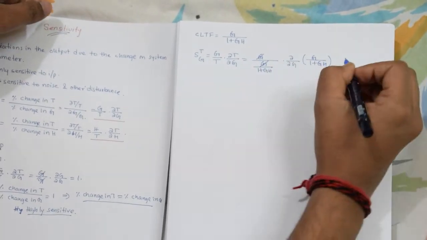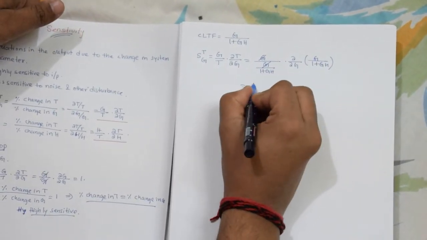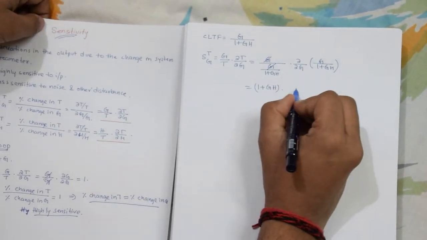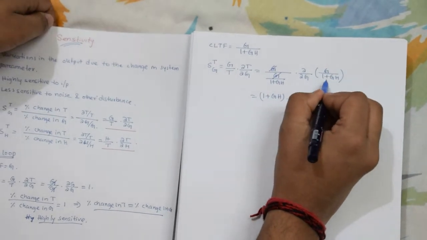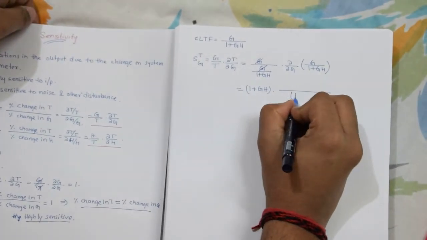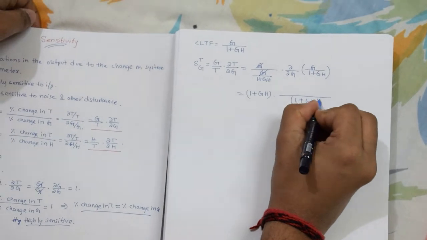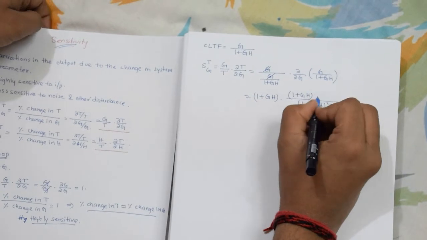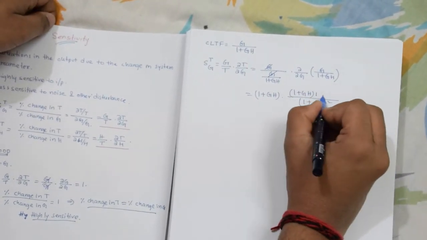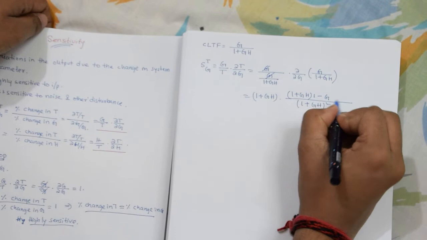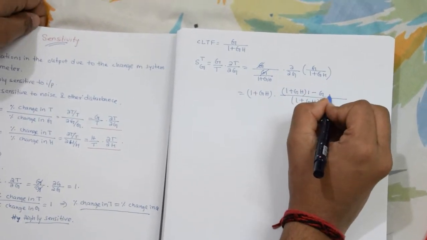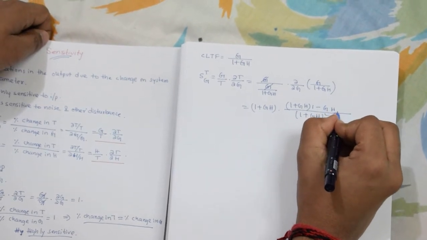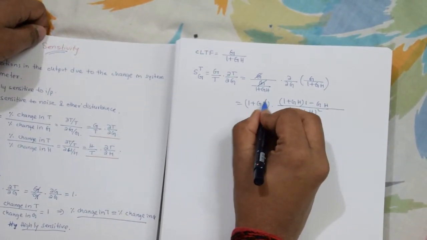We can cancel out G. We will get (1+GH) into, if we do the differentiation of this one, it is d/dG of u/v, so v squared in the denominator, and v d/dG of u, which is 1 d/dG of G, minus u d/dG of v, which is H. So we can cancel out this and this.